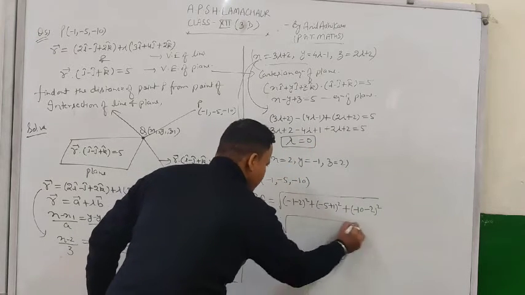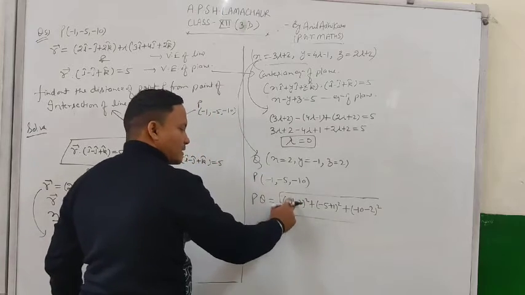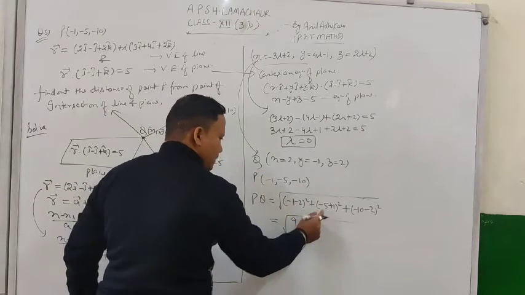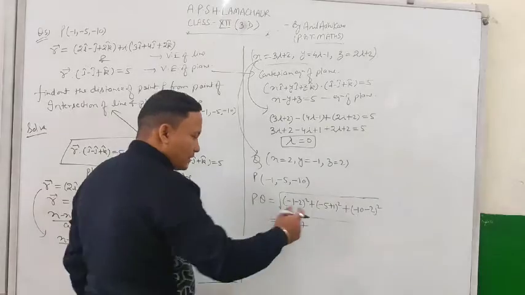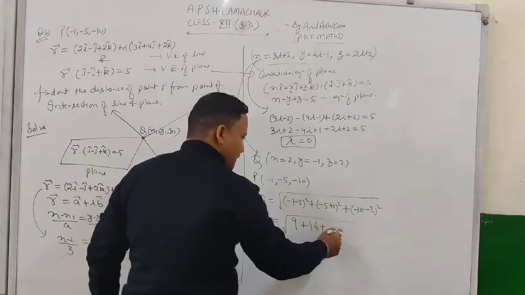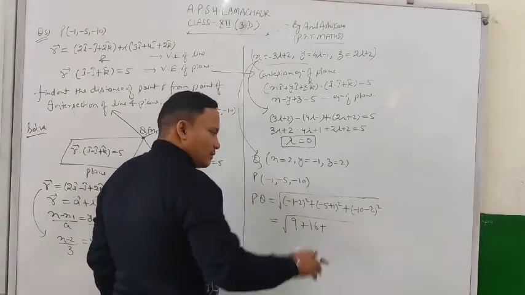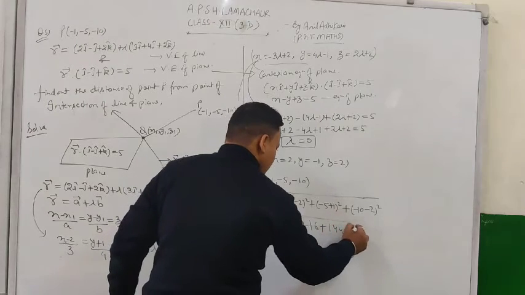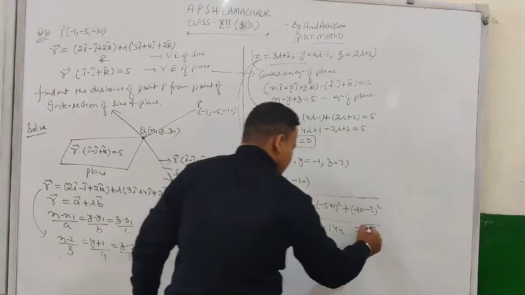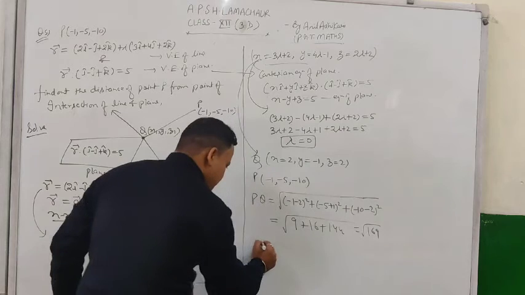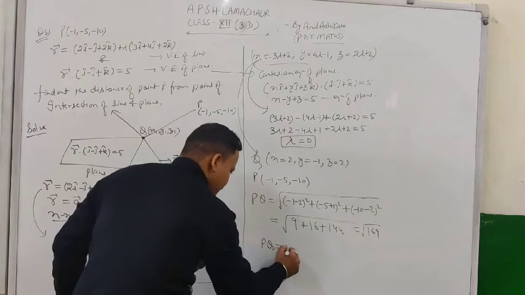Now taking the square root, minus 1 minus 2 is minus 3, whole square is 9, plus minus 5 plus 1 is minus 4, whole square is 16, plus minus 10 minus 2 is minus 12, whole square is 144. On adding all these we get 169. So the required distance between these 2 points is 13 units.